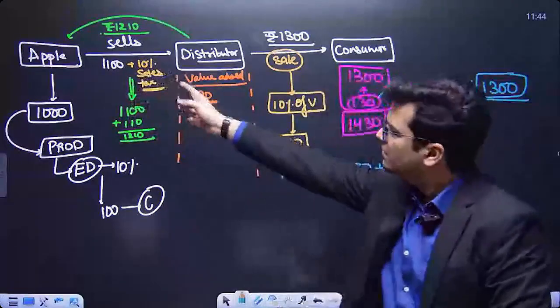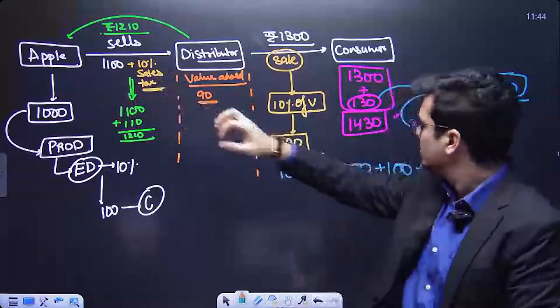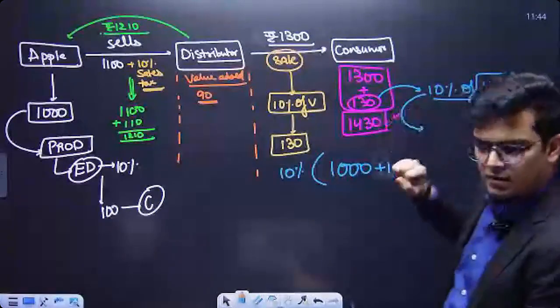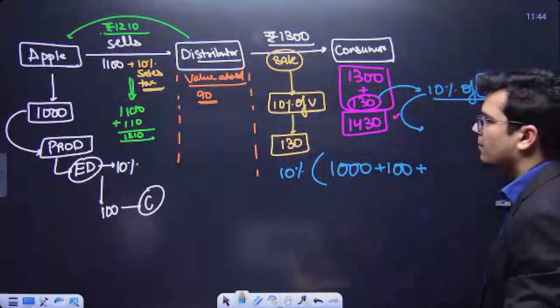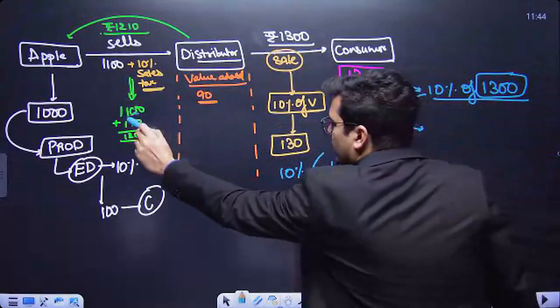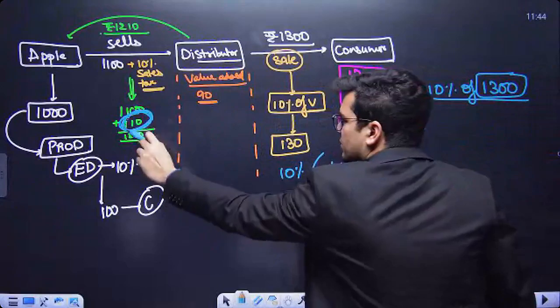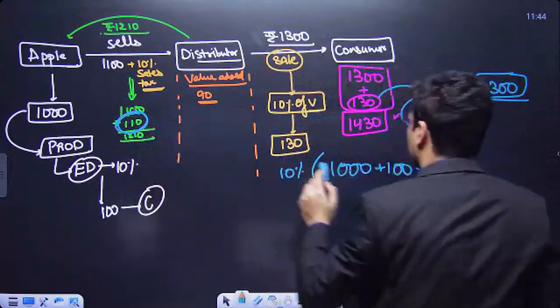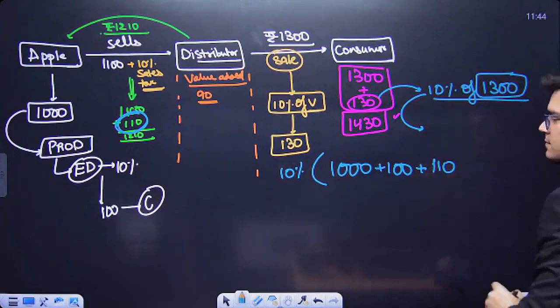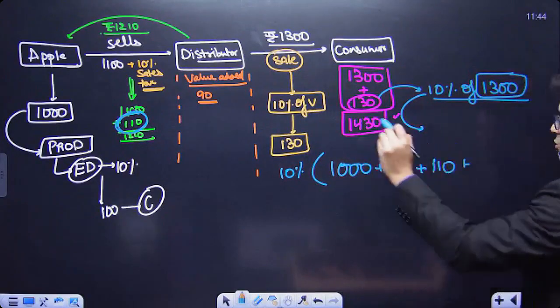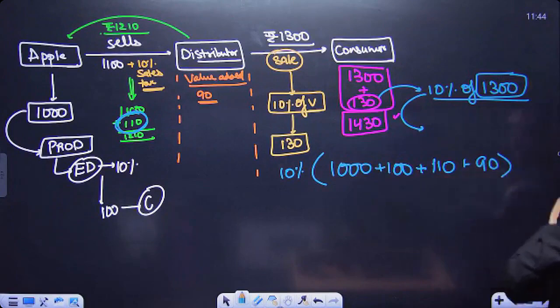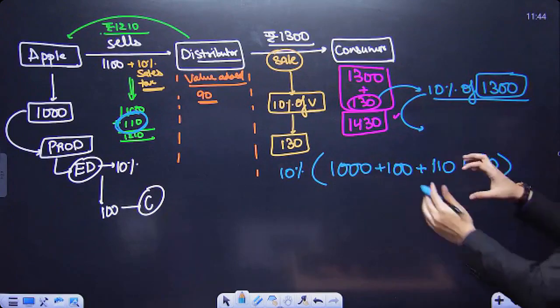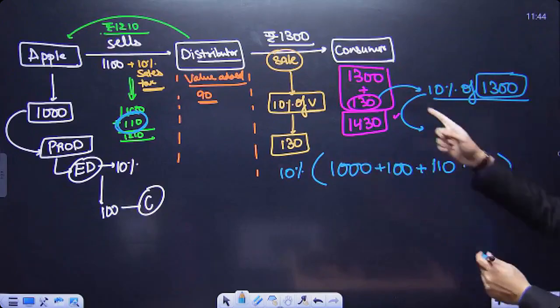So there is 1000 plus 100, then plus 110 more of sales tax here, and then there is value added of rupees 90. So this is 10% of all of this. If this figure comes out to 130, you are paying 130 in tax.